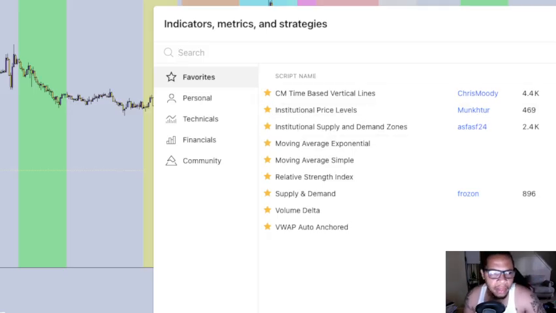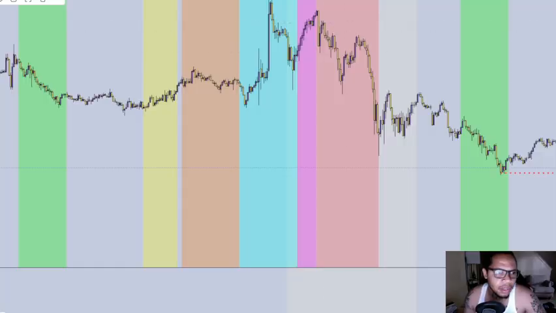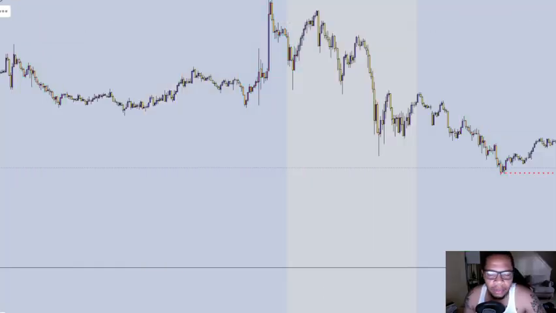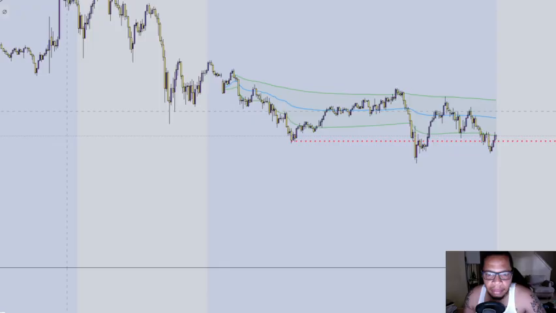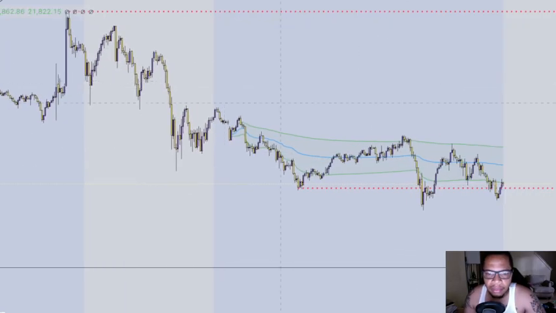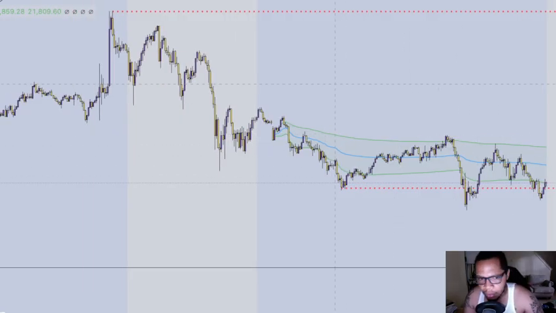So that's that indicator. Let me turn this off and turn my VWAP back on. VWAP is my thing because it gives me a clear picture of what's going on and where price is overbought, oversold, whatever.